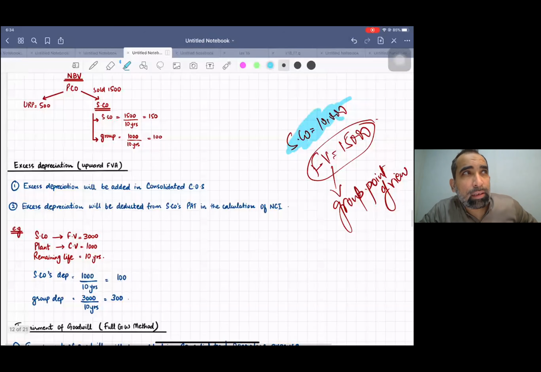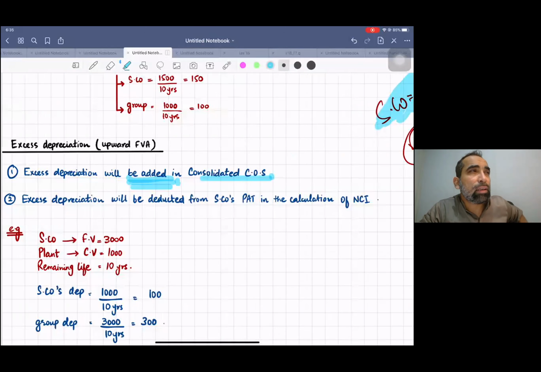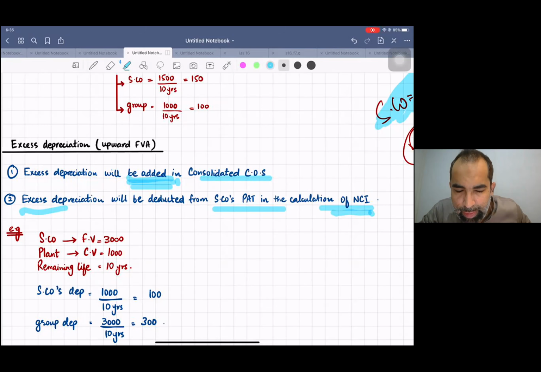Now, as there is a defect in S company's income statement, definitely NCI will also be affected. You are matured guys. Whatever is written here is for upward fair value adjustment. Just apply the reverse rules for downward fair value adjustment depreciation.